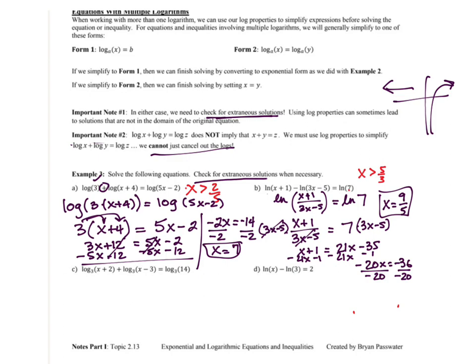Do we need to back up? You're good. Okay. What did that simplify to again? 9/5, which is greater than 5/3. I made them have common denominators to be sure.